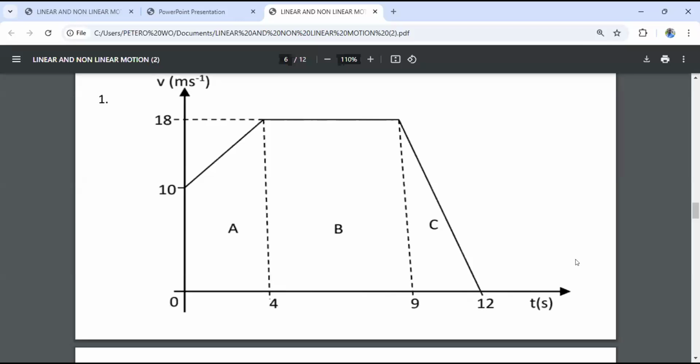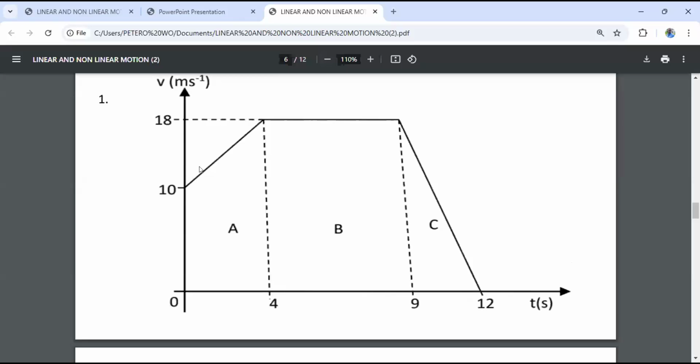There is a trapezium, a rectangle, and a triangle. So all of us are seeing those shapes. Trapezium, a rectangle, and a triangle, which is right angled.